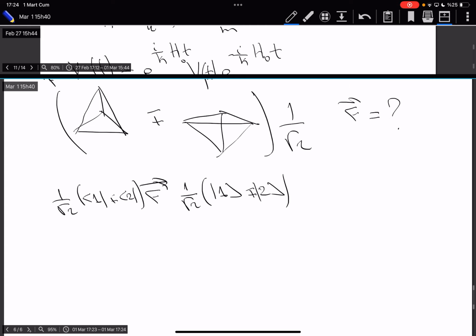Well, this would be the first thing I would try. Let's say this will be equal to 1 over 2 f11 plus f22 plus or minus f21.